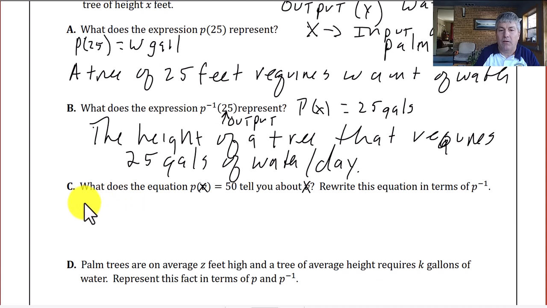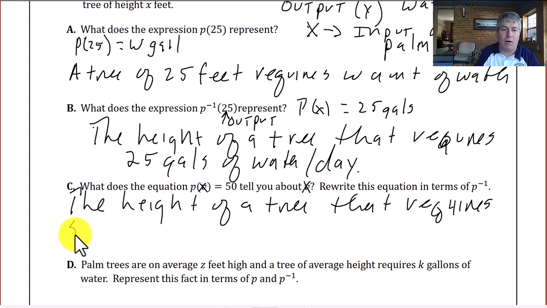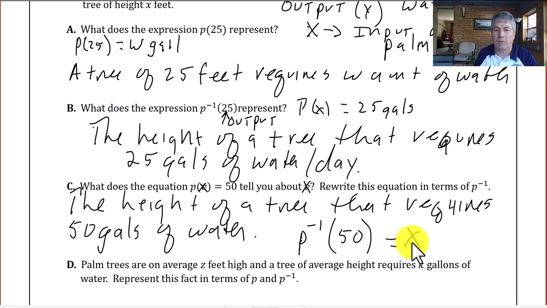So this represents, we're going to find the height of a tree that requires 50 gallons of water. Rewrite this equation in terms of the inverse of P, well, that's going to be the inverse P of 50 equals X.